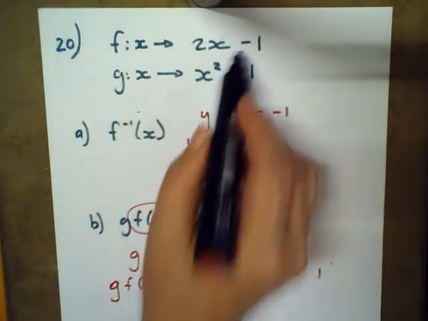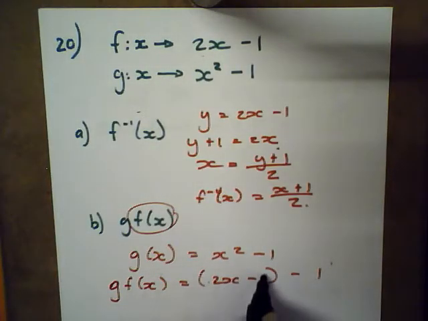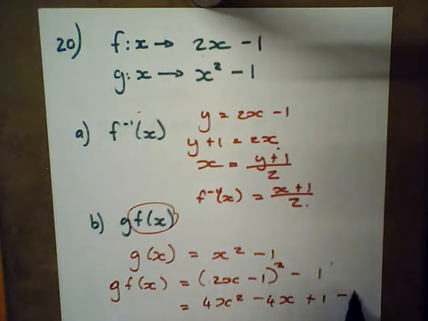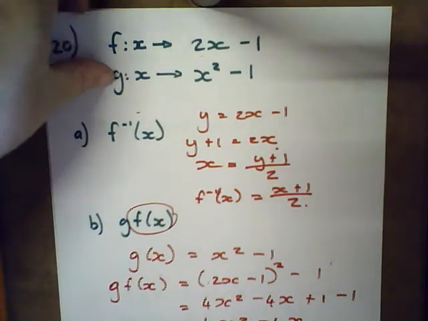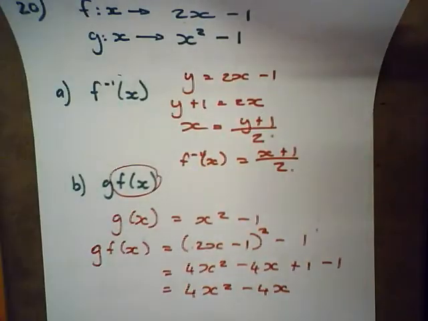It is 2x minus 1, and that one is squared. I simplify that because they said in simplest form. So 4x squared minus 4x plus 1 minus 1, which is 4x squared minus 4x. Just move my paper up and there we go.